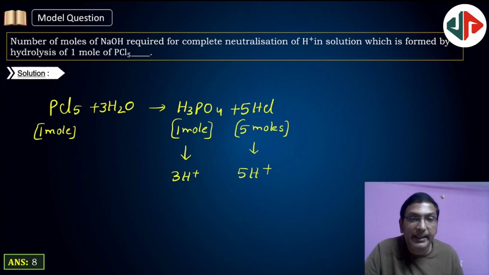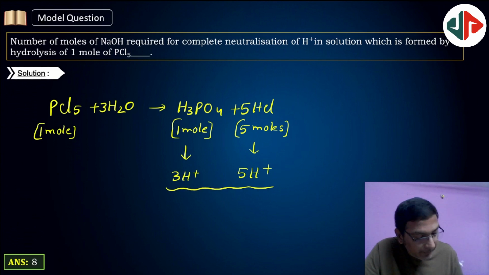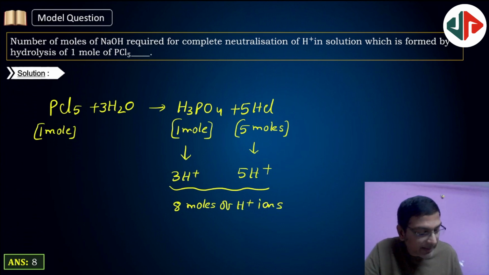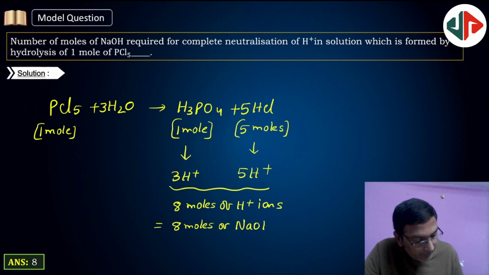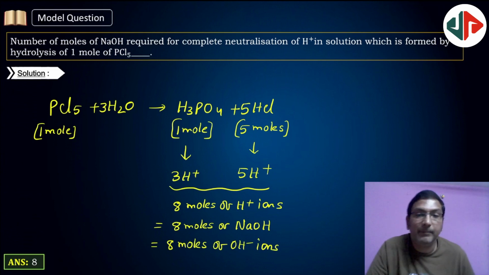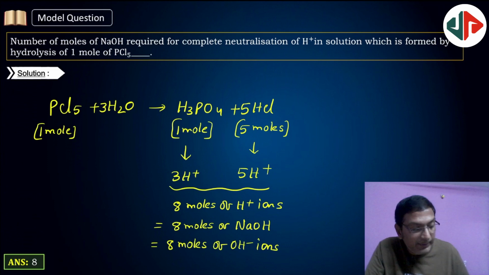So total 8 H plus ions are present. 8 moles of H plus ions will be equal to 8 moles of NaOH or 8 moles of OH minus ions. So 8 is the answer. Very, very important.